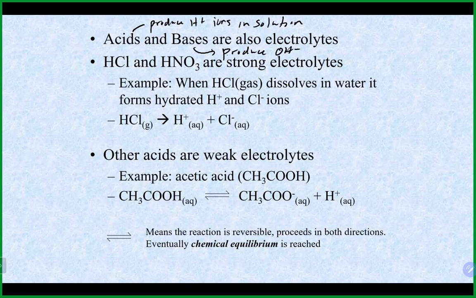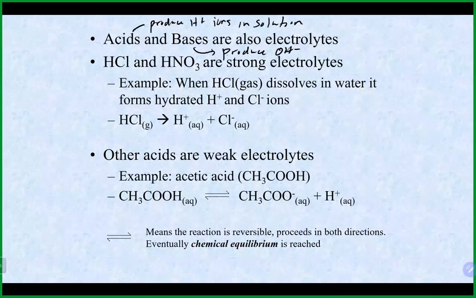Also, an acid can produce H3O+. It is sometimes used. So for an acid, H+ or H3O+ is basically the same thing. Sometimes they're used interchangeably, H+ and H3O+, which is the hydronium ion.